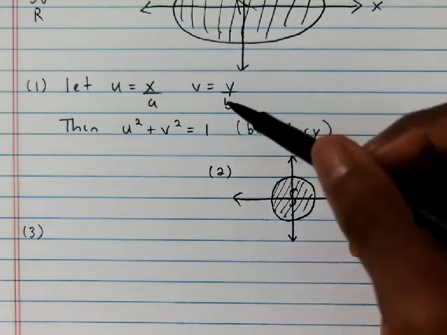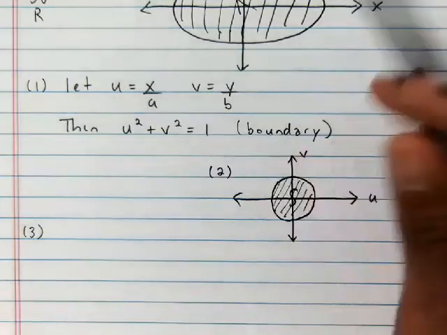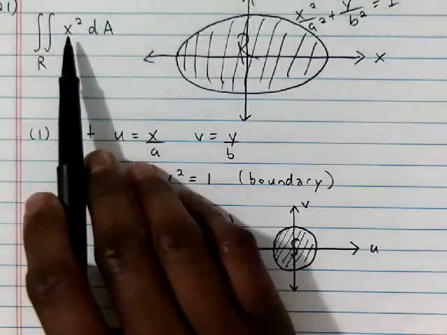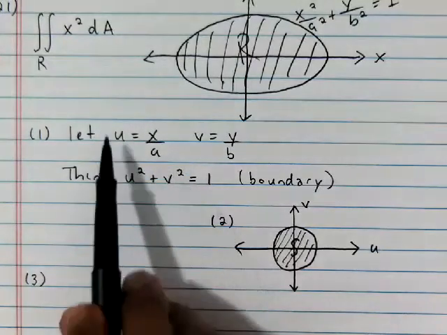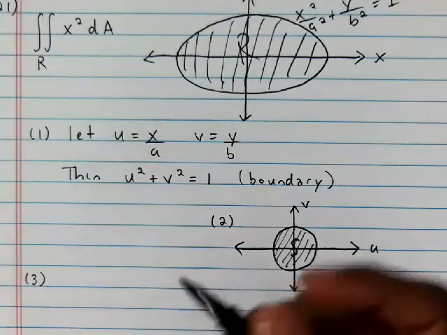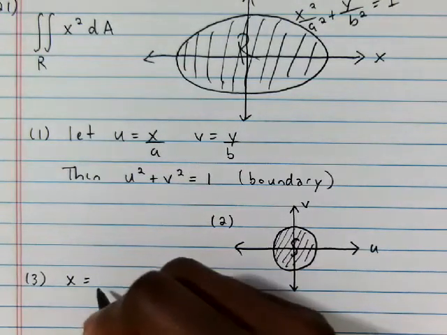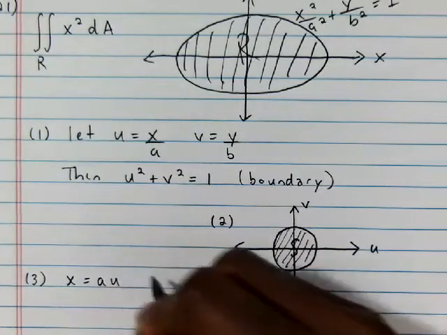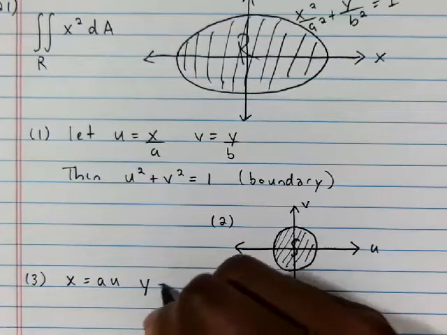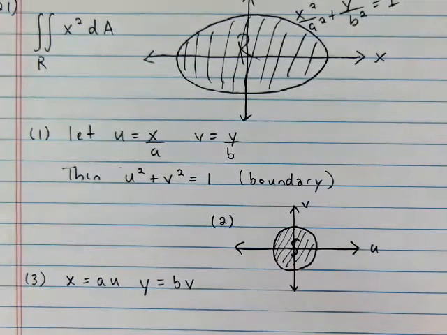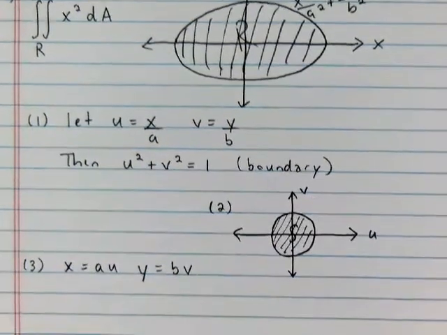But you're going to end up running into an issue anyway, because there's an x up here, so you need to know what x is equal to in terms of this. But these are very easy to solve for x and y. So x is equal to a u, and y is equal to b v. All right, so now we've solved those.